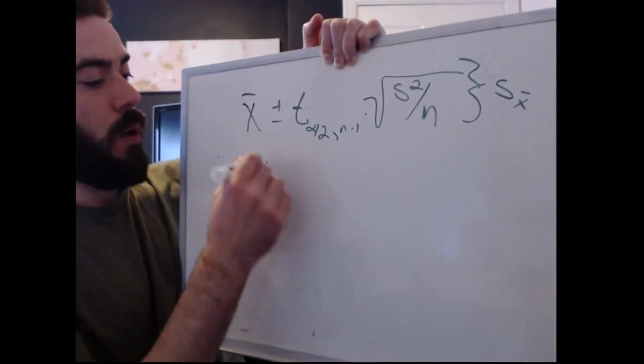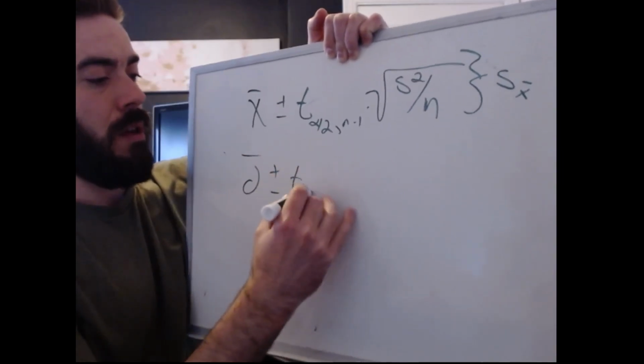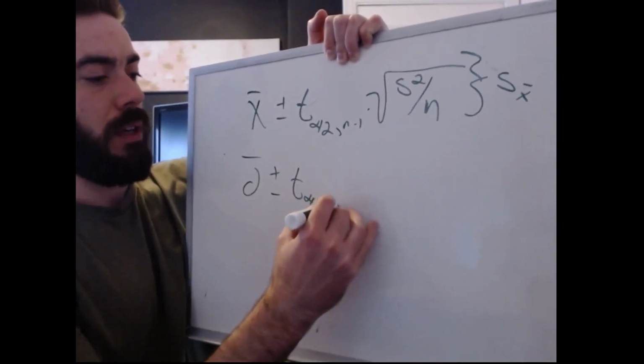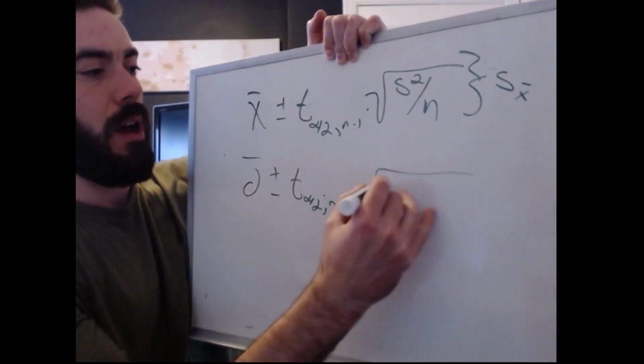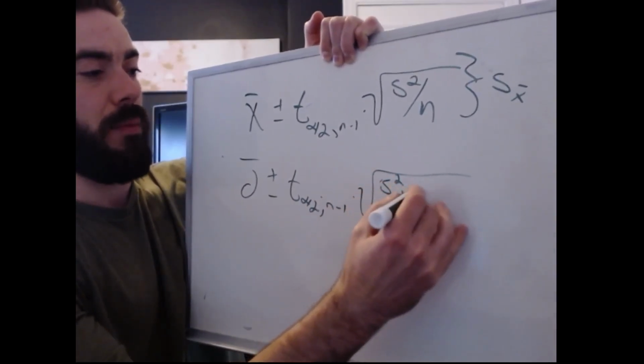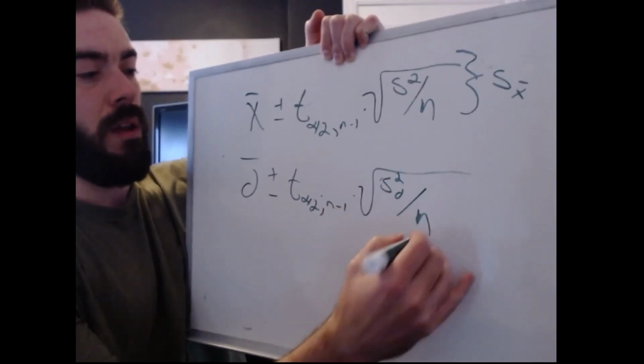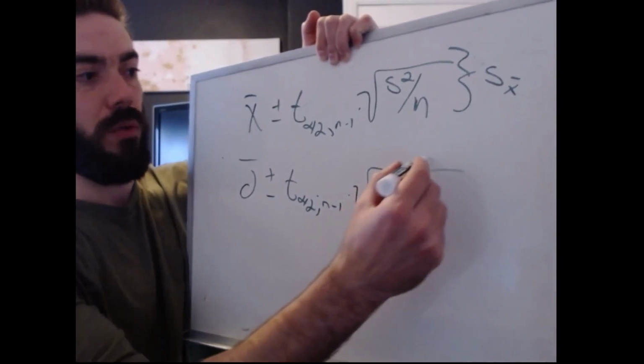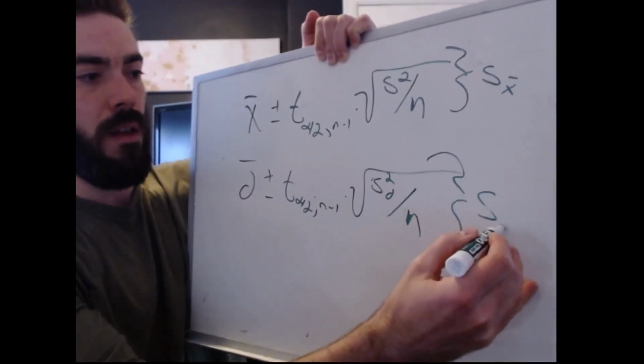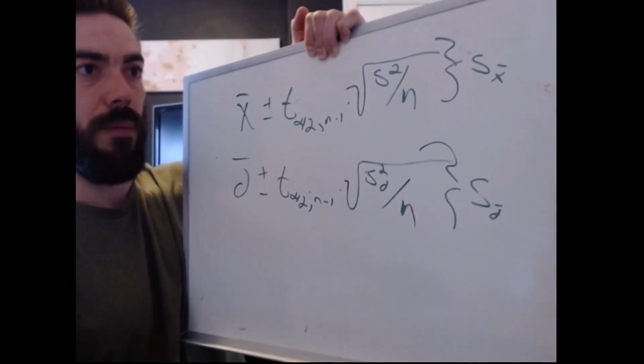The only difference is now we have a sample difference, looking up that t-value exactly the same as before, and now we have the sample variance of that difference variable over the sample size. Nothing's really changed, where this represents the standard deviation of that sample difference.